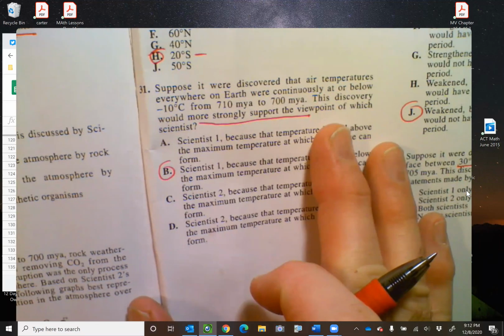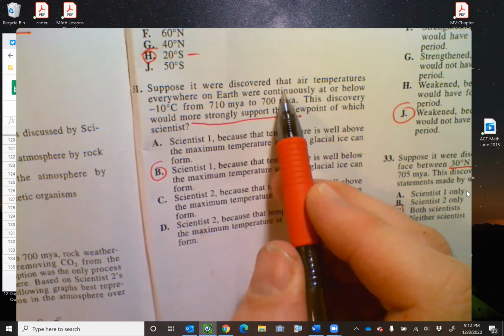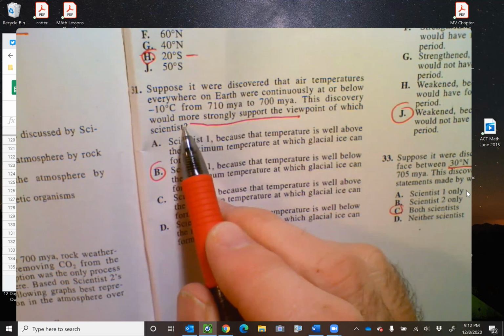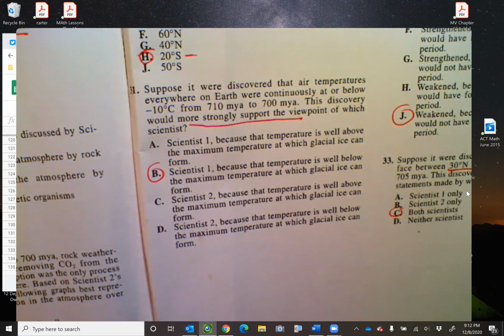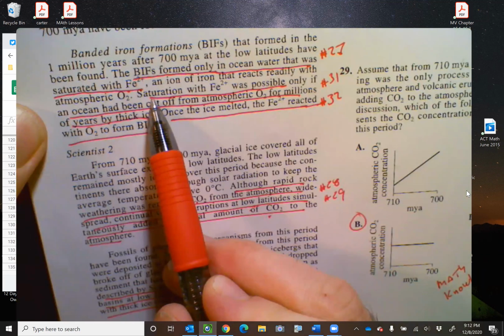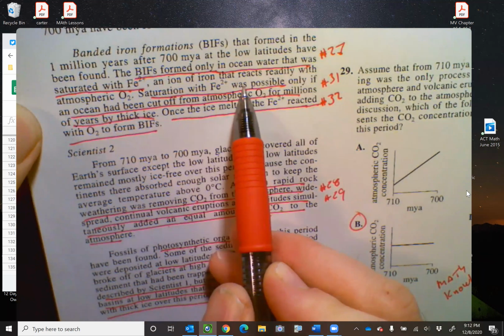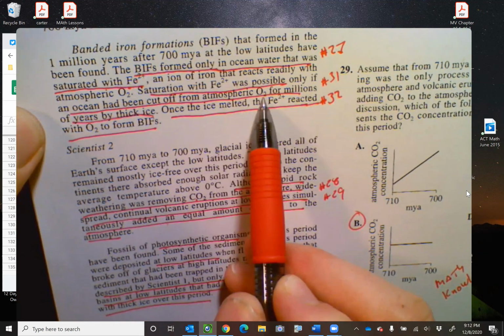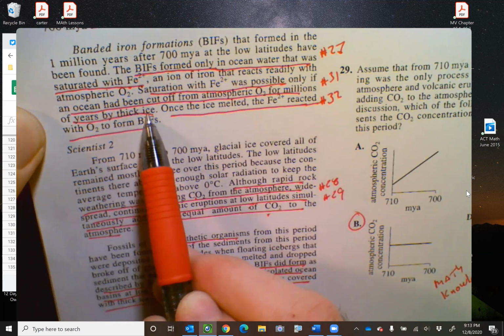Number 31: this discovery, if air temperature everywhere was at or below -10 degrees Celsius, would strongly support the viewpoint of who? Well, it's going to be Scientist 1, right? Because Scientist 1 says saturation with iron was possible only if the ocean had been cut off from atmospheric O2 for millions of years by thick ice.